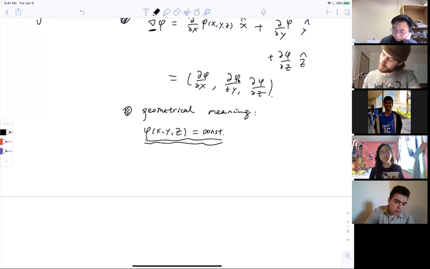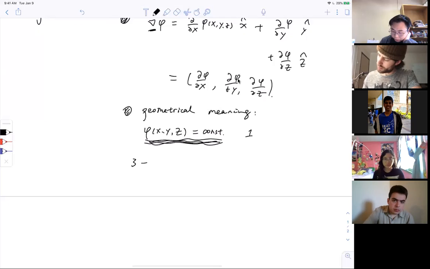Because without this constraint, you have 3 degrees of freedom: x, y, z. This equation corresponds to one constraint, meaning that it will kill 1 degree of freedom. Originally you have 3, now you kill 1, you get 2 degrees of freedom. So a geometric shape that has 2 degrees of freedom is a surface, right?